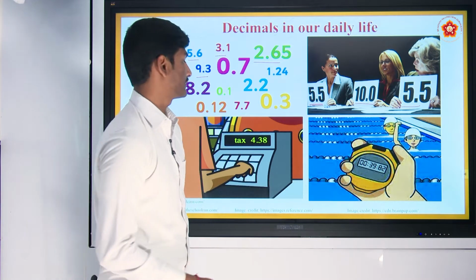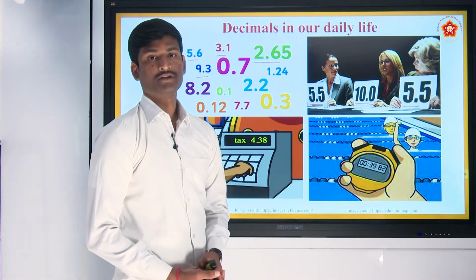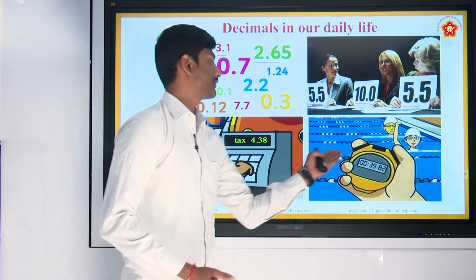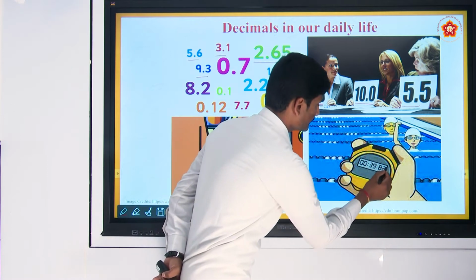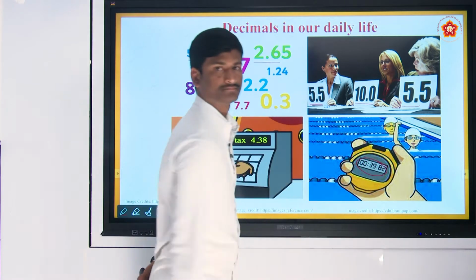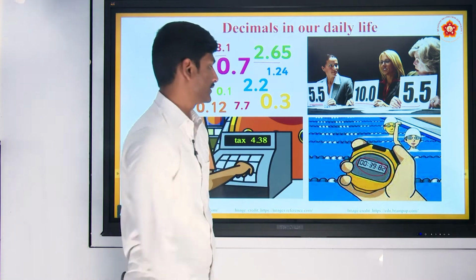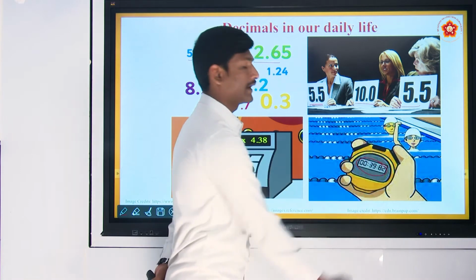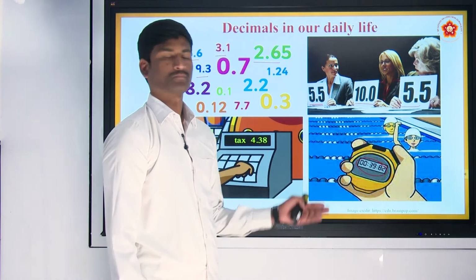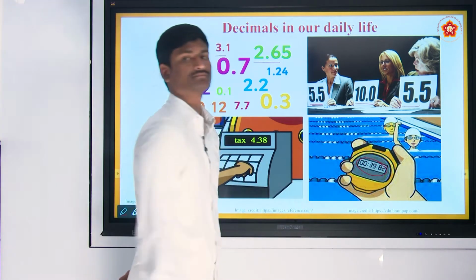And then the second one: here one swimming competition is there. This competition is run with time. Time is given using decimals, like 39 minutes 82 seconds, that is 39.82. This result is given in the form of a decimal.